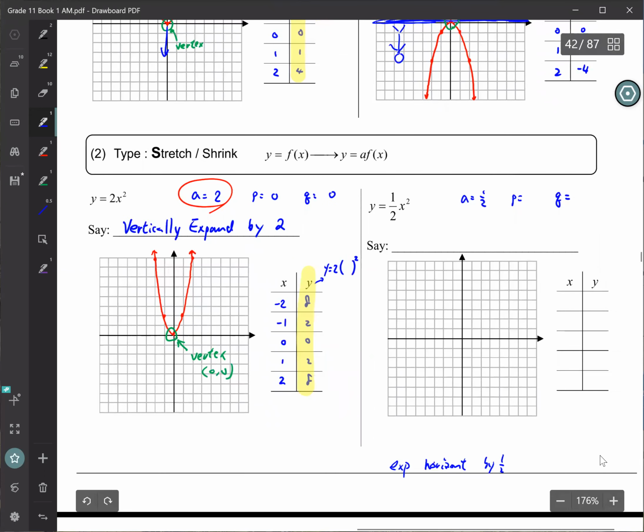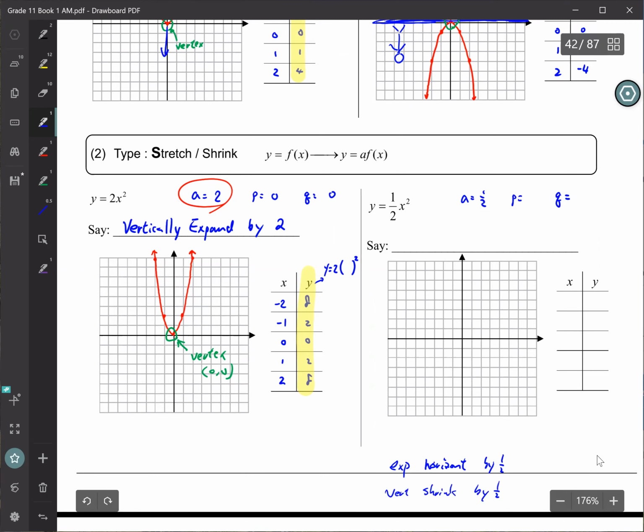I just say it shrinks by like half of the first graph. Shrinks by half. Which direction, vertically or horizontally? Vertically. Vertically shrink by half. Okay.